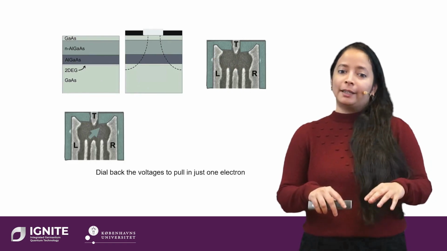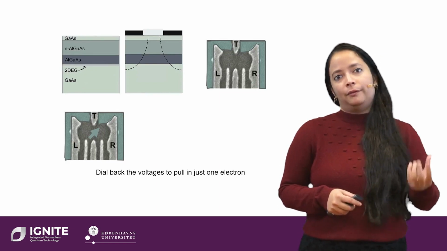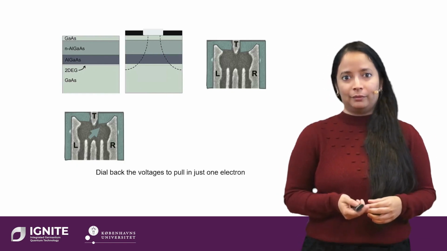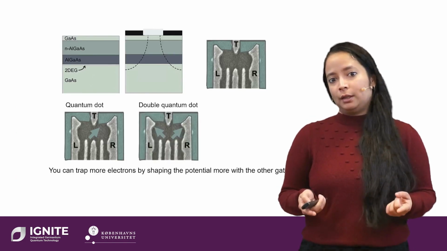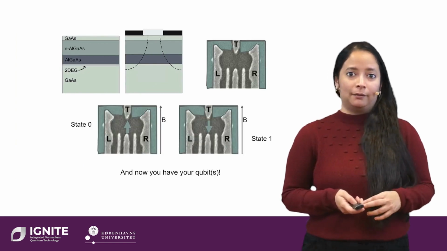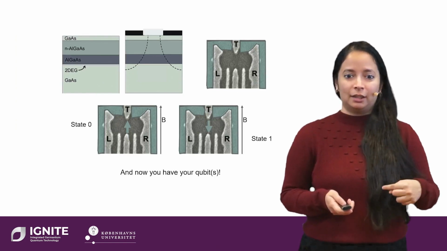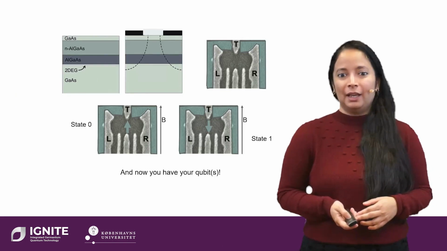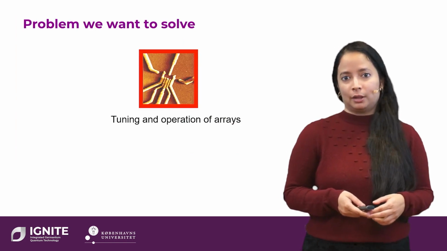And now, if you dial back these voltages just a little bit, the voltages in the middle, then it will be favorable for just one electron to hop into this puddle, forming your quantum dot. And you can do it to form two next to one another, and so on. And now, if you apply an external magnetic field denoted by a B, then whether or not your electron spin is aligned or anti-aligned, you can have a qubit by defining your qubit. So that's how we would tune and make these qubit processors.